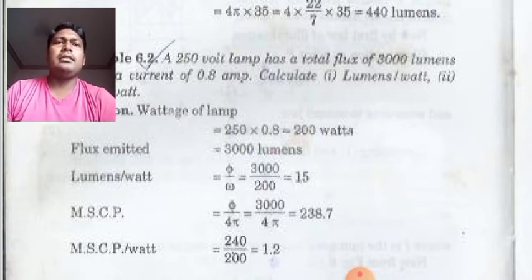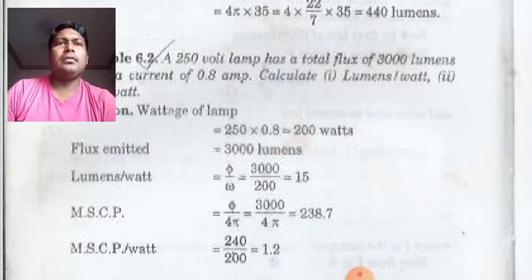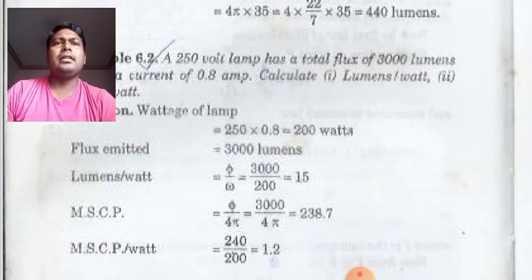Just look at this value of omega. Omega is the wattage of the lamp, that is 250 into 0.8. By multiplying total voltage into current, you get the wattage. So the total wattage, 200 watt, is divided into the flux phi, and we get lumens per watt equal to 15.